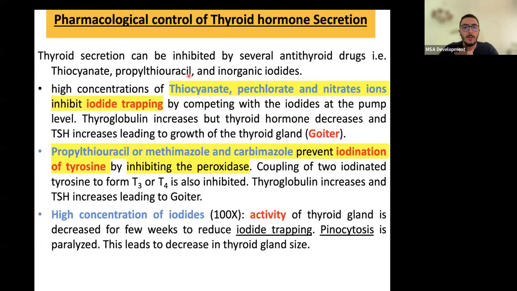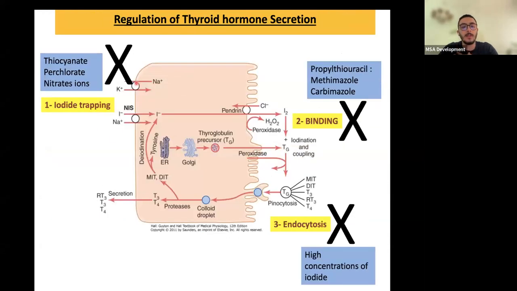We have goiter in this step because less iodine is being endocytosed into the cell. Hence, less synthesis of thyroid hormone is taking place. Hence, we will have less T3, T4 in the blood. Less T3, T4 in the blood will be sensed by the hypothalamus and anterior pituitary, so they will secrete TSH, or thyroid stimulating hormone.